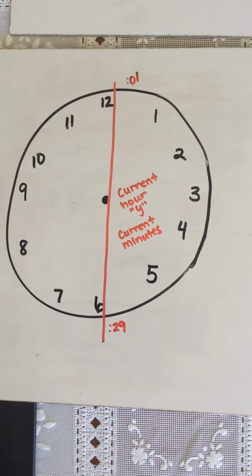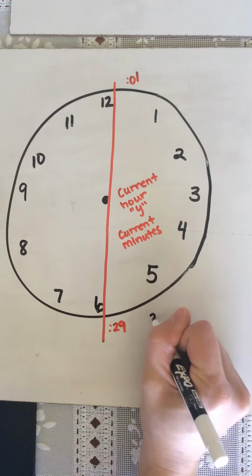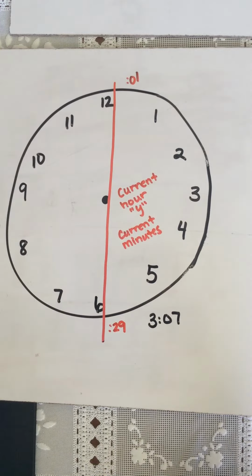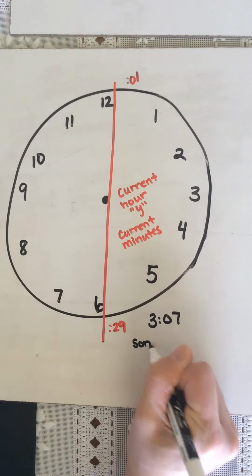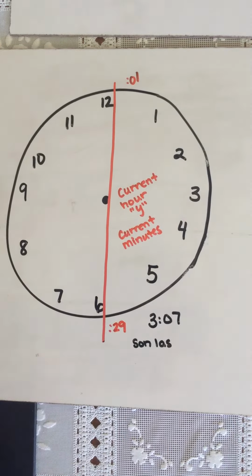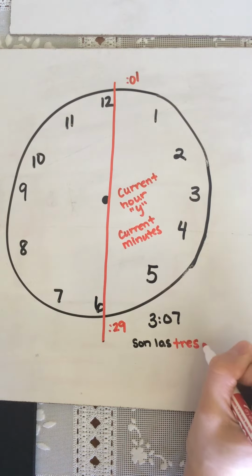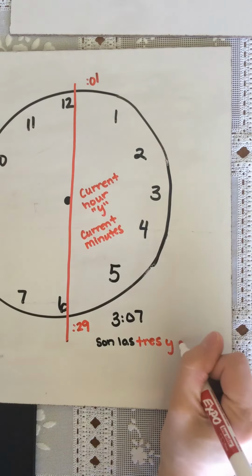Okay, for example, if it was 3:07, and I said, ¿Qué hora es? What time is it? I would say, son las 3:07.